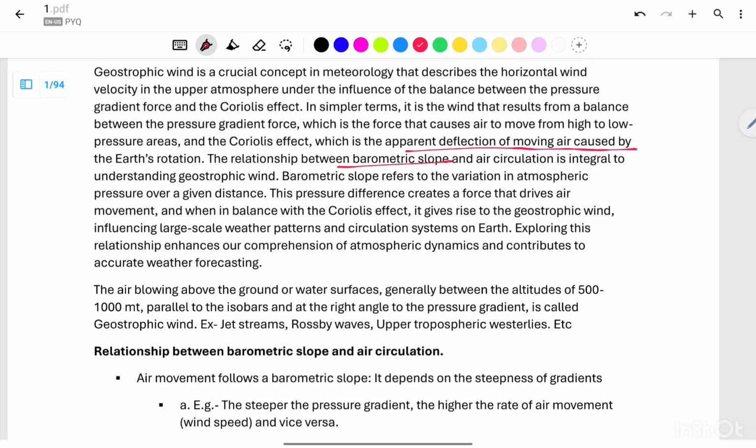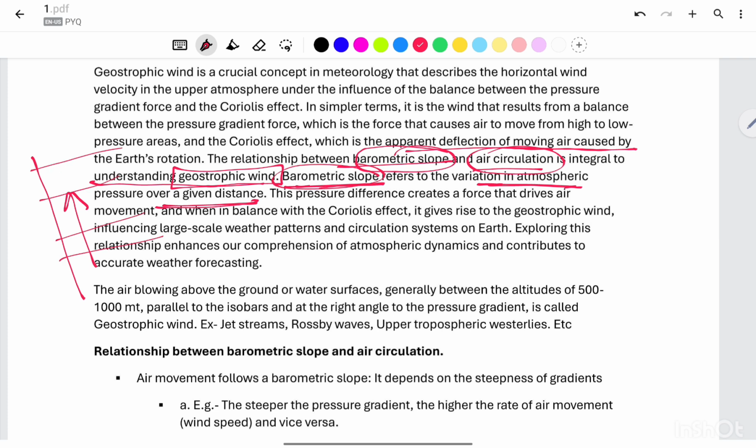Now, the relationship between the barometric slope and air circulation is integral to understanding the geostrophic winds. Barometric slope is the variation in the atmospheric pressure over different distances. When you go up, there is a variation in the pressure, right? That is what we call the barometric slope. The pressure difference is what drives the air.